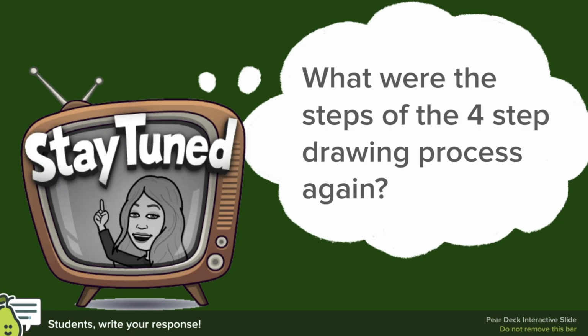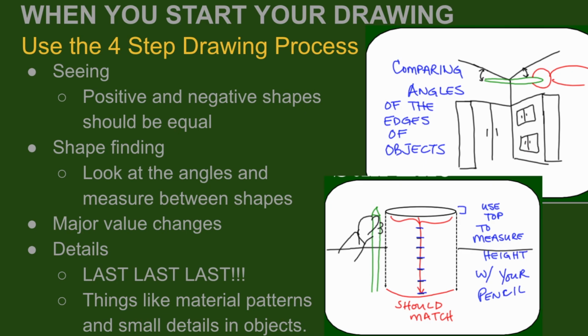I am wondering at this point if you guys remember the 4-step drawing process. Can you review that for me? So if we're looking at this, again, the 4-step drawing process is seeing and shape finding. So you're comparing positive and negative shapes, they should be considered equal in order to draw correctly, especially if you are drawing more intuitively. You are going to draw the shapes that you're seeing.